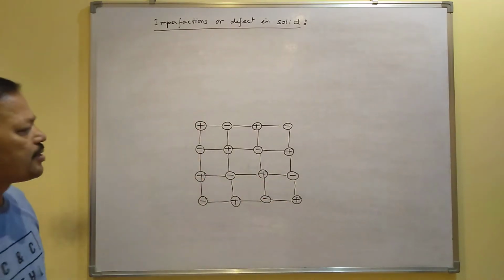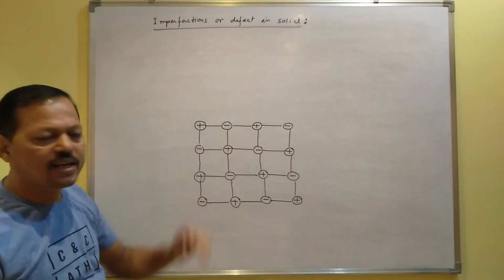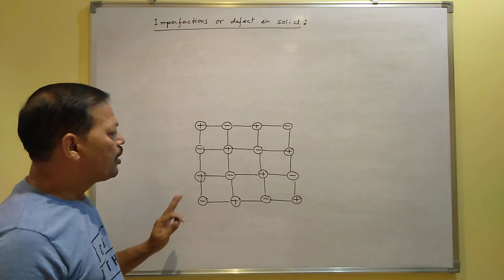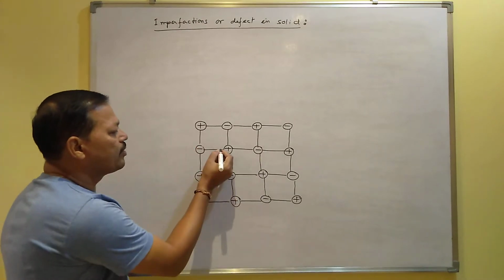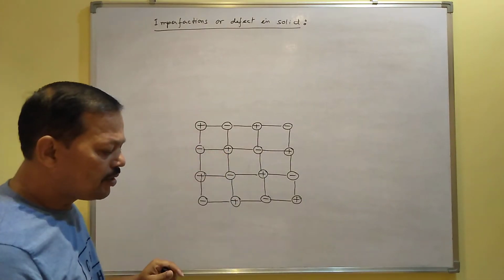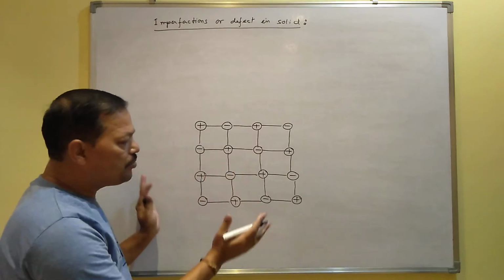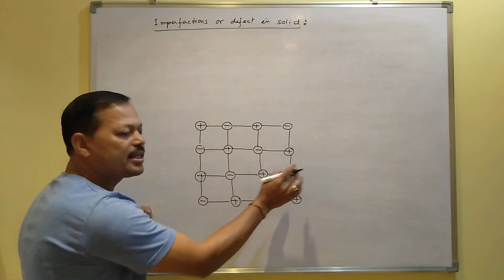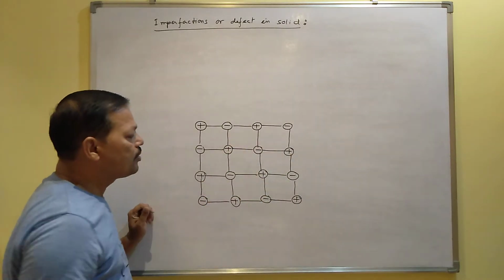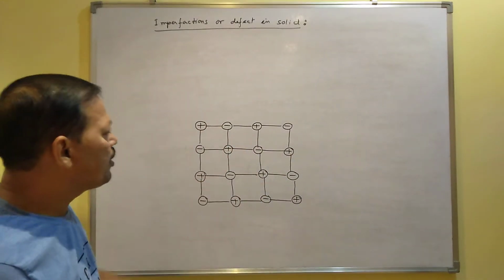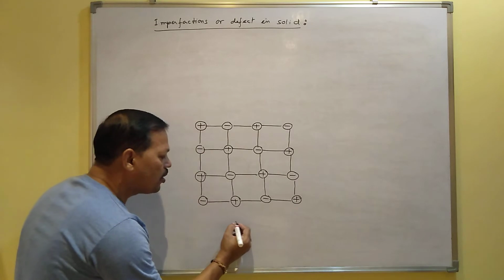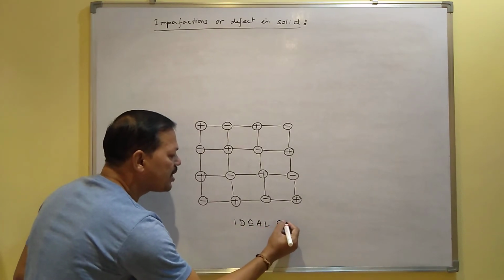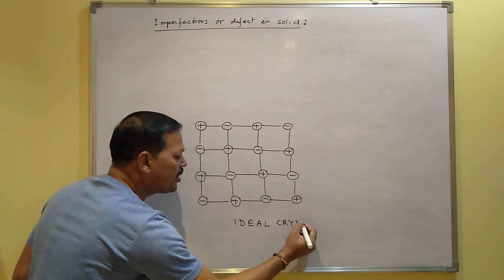all the ions, cations and anions, are present in their own position, and this type of crystal, having the same unit cell containing the same lattice point, meaning the position of the particle, is called an ideal crystal.